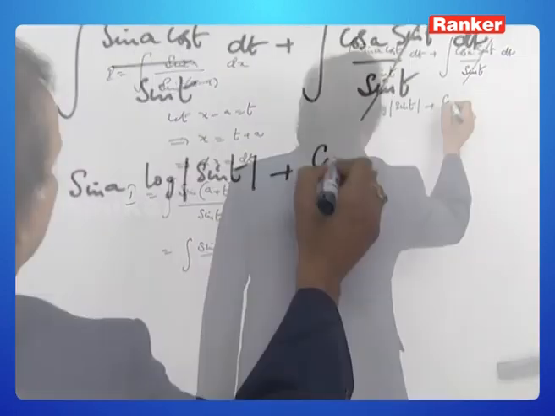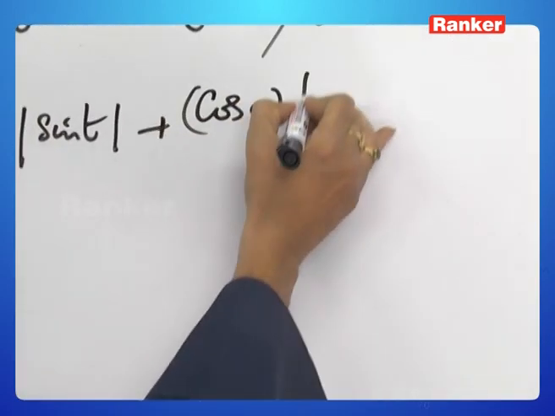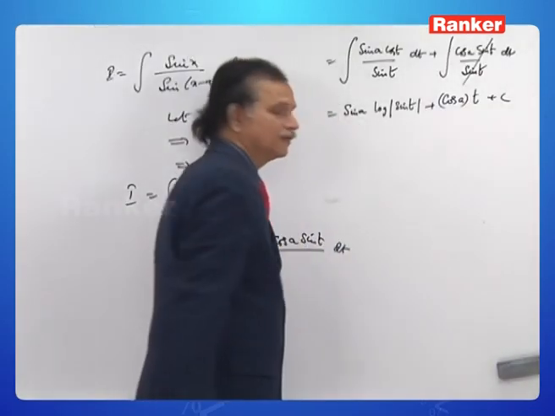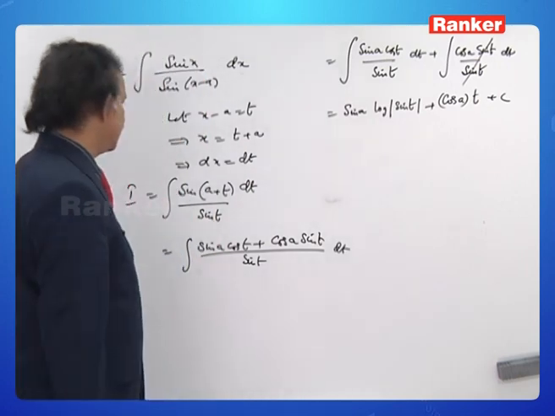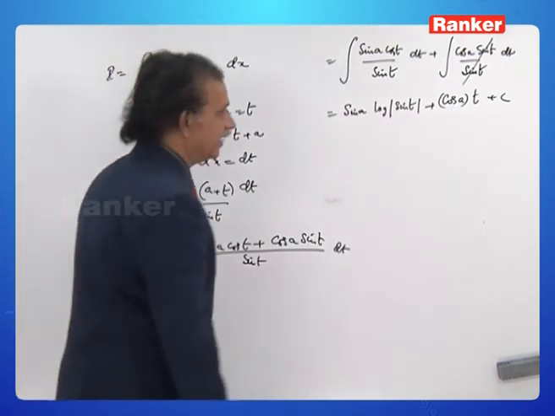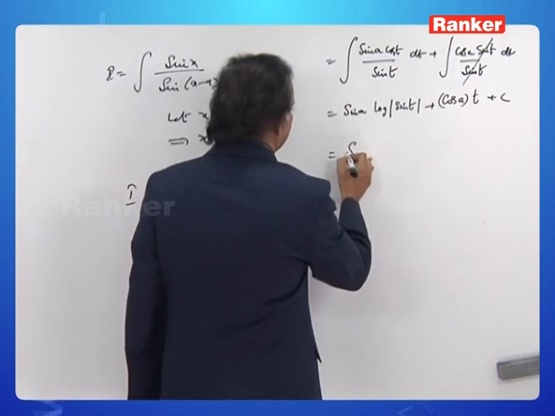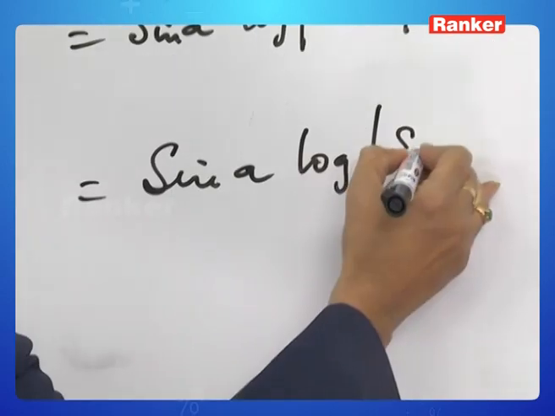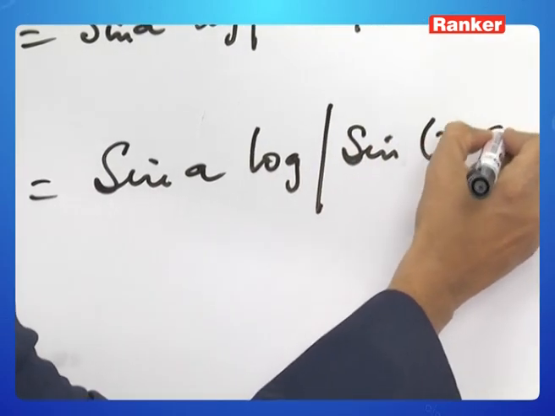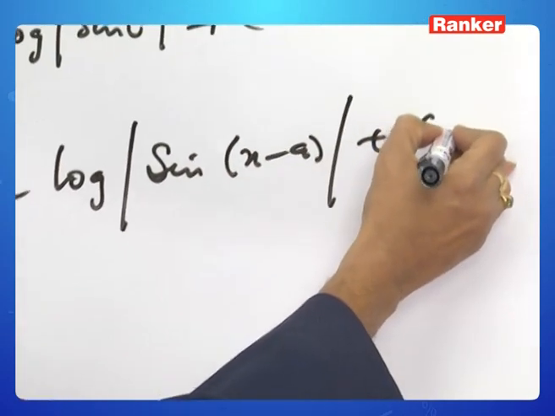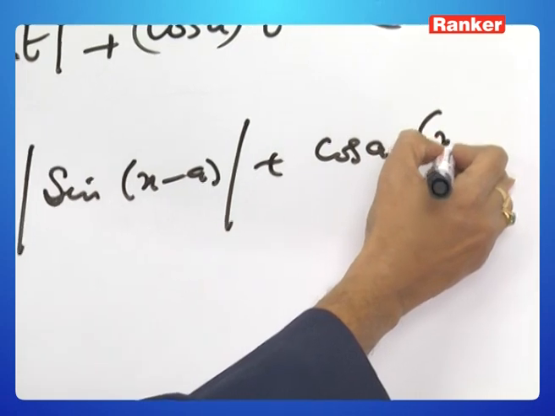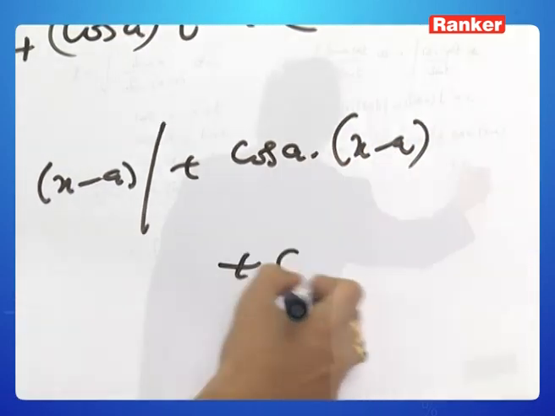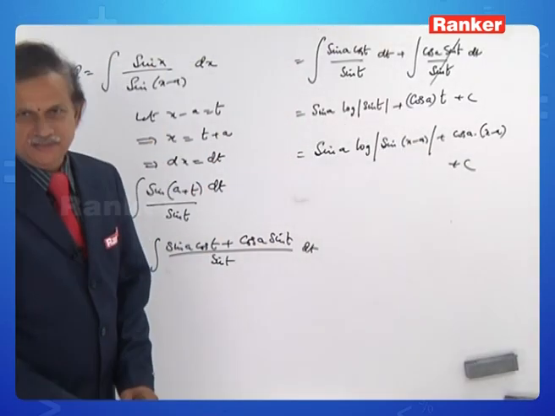Hence it is cos a into t plus c. What is t? t is nothing but x minus a. Hence it is sin a into log mod sin of x minus a plus cos a into x minus a plus c. That would be the answer.